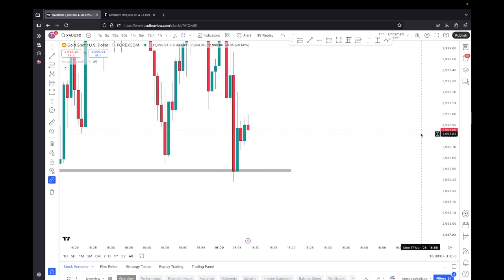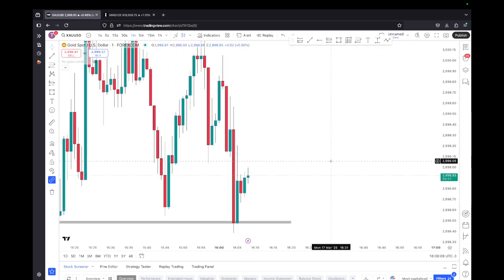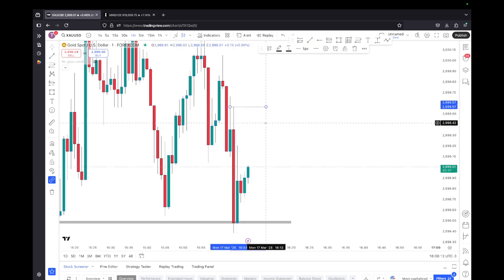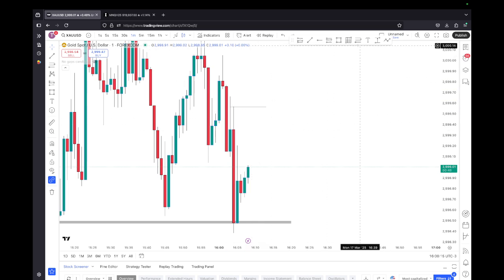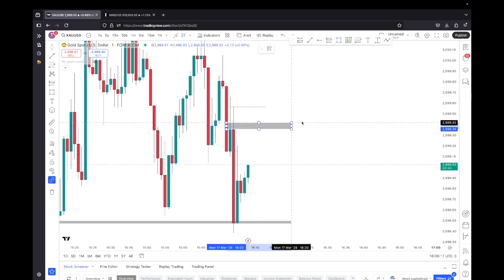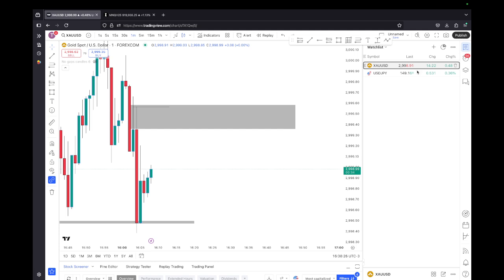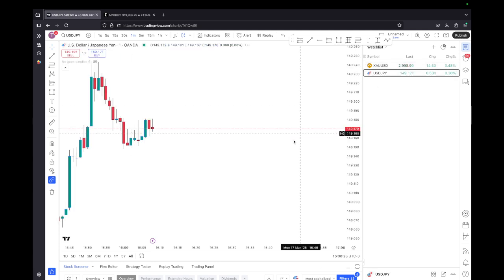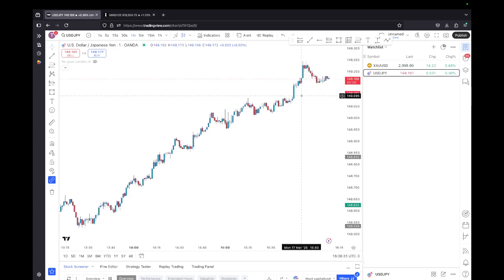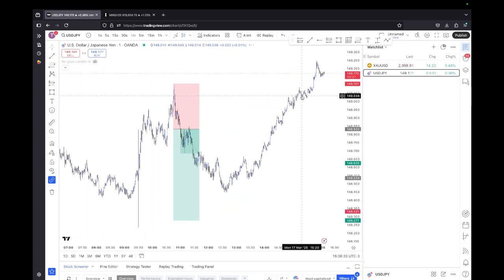Now the market has not given me any reason to be bullish yet, because for the market to be bullish I need to see market break this last resistance here, and this resistance is holding strong, right? So we are still technically bearish. So I think I'll probably go to a different pair and do a bullish example. I'm pretty sure USD JPY will give me a strong bullish example.